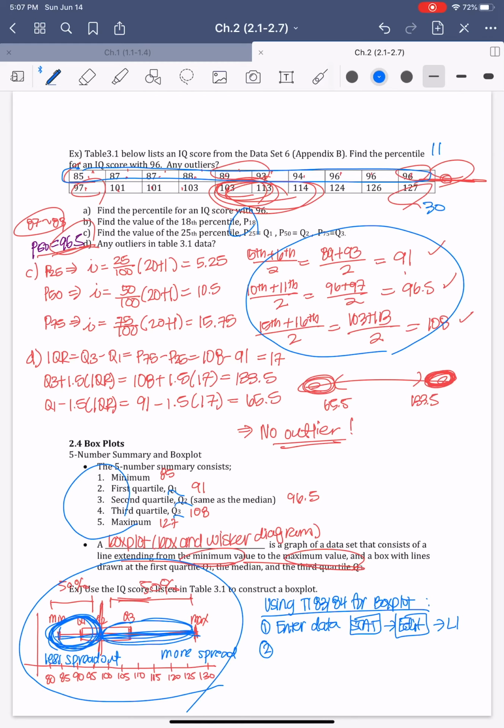Step 2, after you enter the data, we went to the 5-number summary, right? Calculate the 5-number summary. We press the stat key and then calc, 1-var stats. And number 3, creating a box plot.